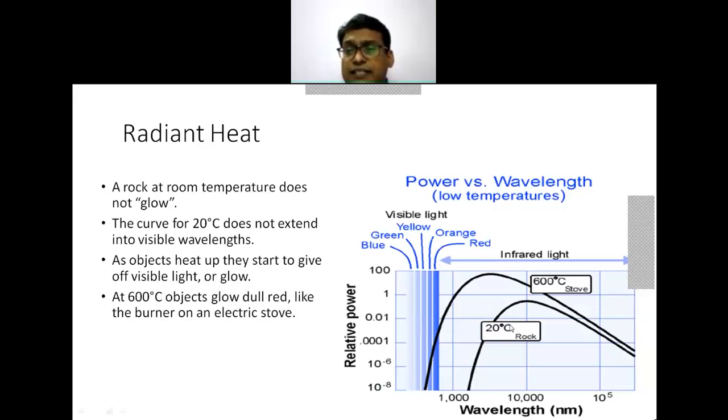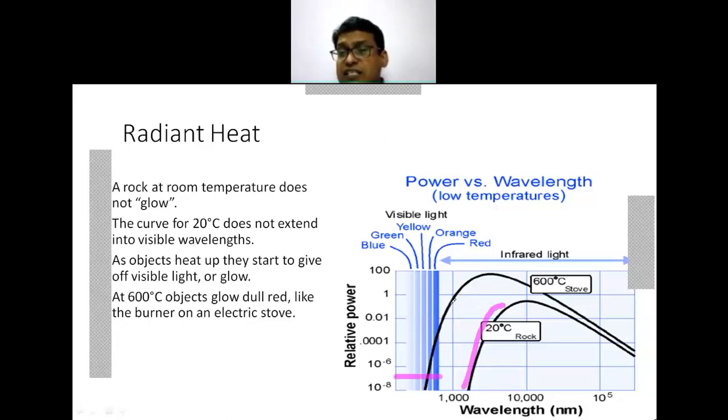Now this graph shows relative power versus wavelength at 20 degrees Celsius and at 600 degrees Celsius. This is the infrared region and this is the visible region. The curve at 20 degrees Celsius does not extend into the visible region, and that is why we are not able to observe it. And the visible region is only this one.